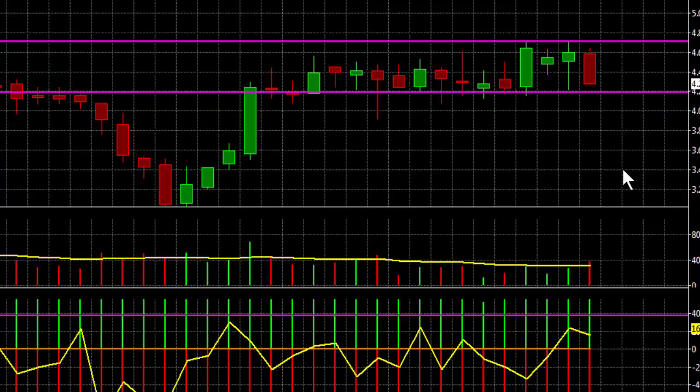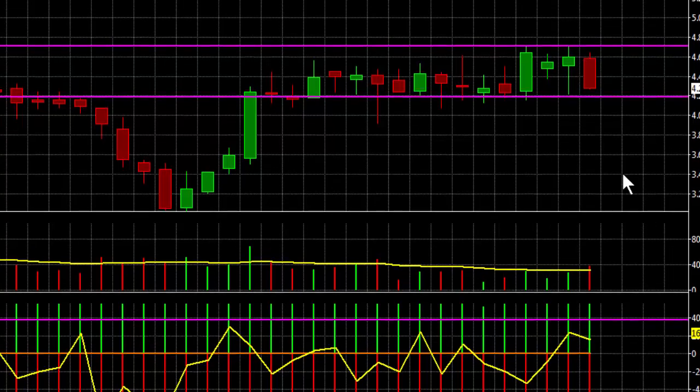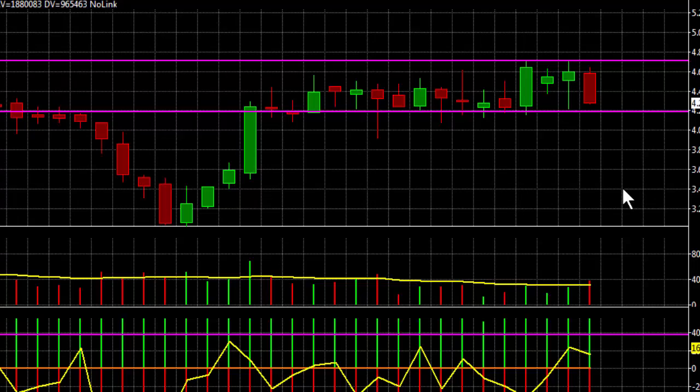So this is a chart of one of the stocks that we do happen to have positions in, and we like it, although Friday wasn't an encouraging day, to say the least. Volume was average. This is volume right here.